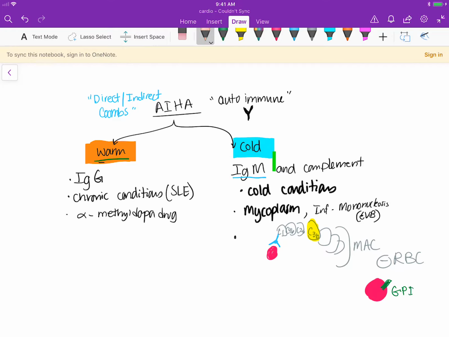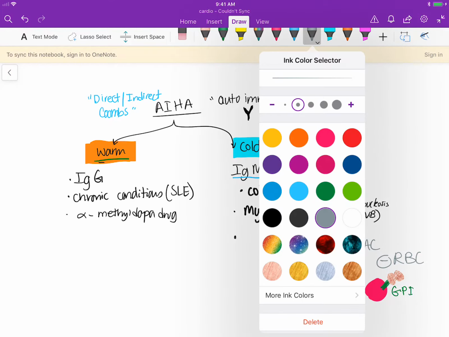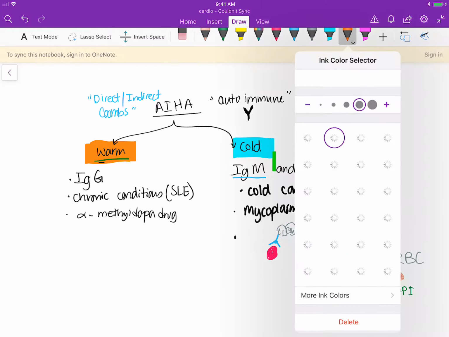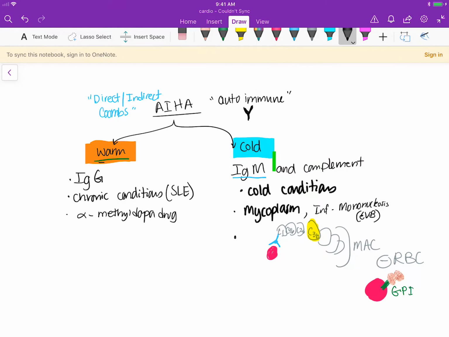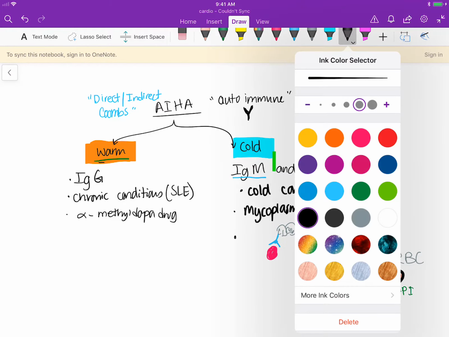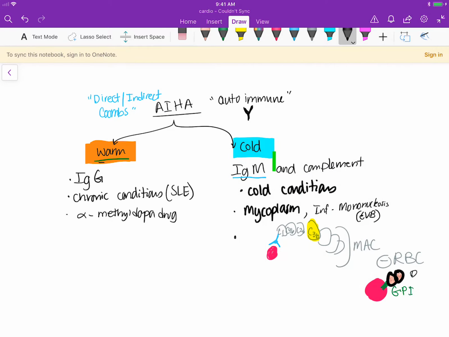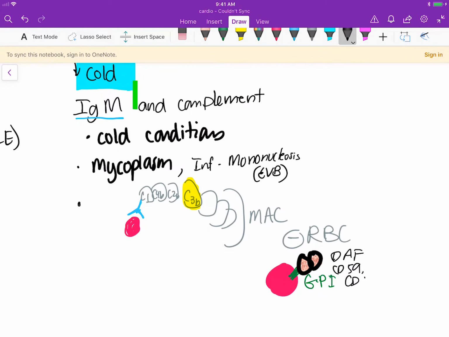What color are we going to put it? They have a whole bunch of proteins here, like DAF, CD59, CD55, and these are all proteins that cut the complement.